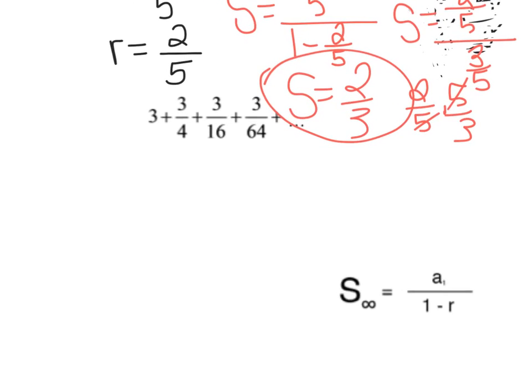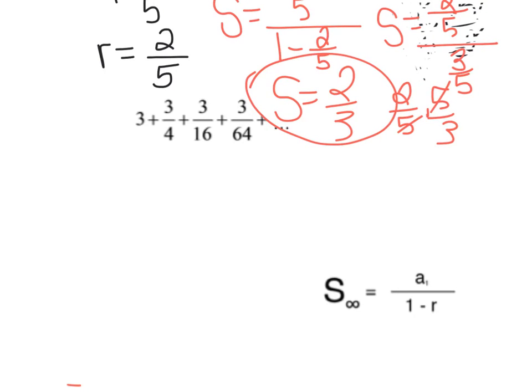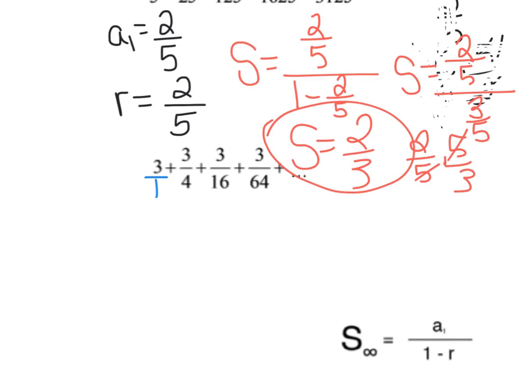Okay, let's take a look at the next one, keeping in mind that we want to think of this first 3 as 3/1. So our a sub 1 is 3, our first term is 3, or 3/1.